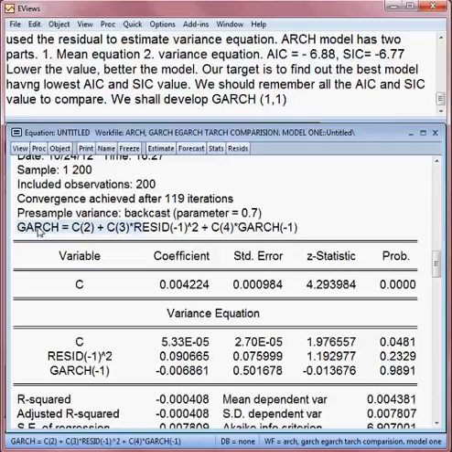And this residual we have derived from the mean model, meaning from the mean equation.